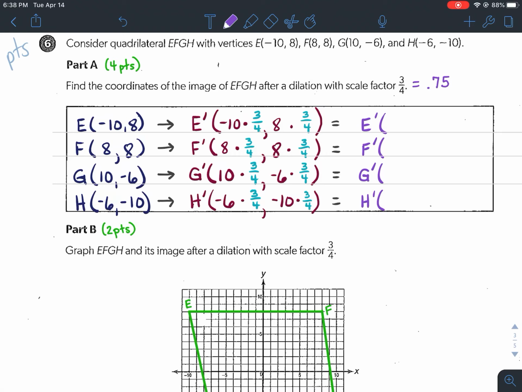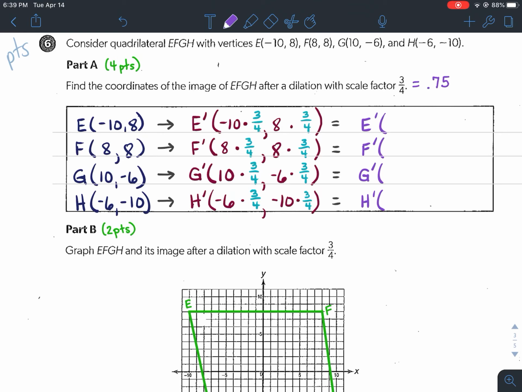In other words, instead of taking -10 times 3/4, you could take -10 times 0.75, and then 8 times 0.75. It doesn't matter to me which way you do it. In the end, I want decimal answers. Okay?